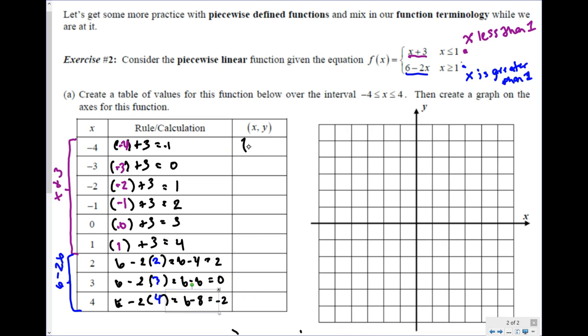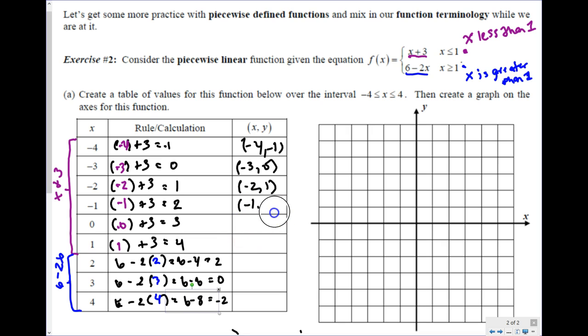And now I'll go write my coordinates. This is the coordinate negative 4, negative 1. This is negative 3, 0. This is negative 2, 1. This is negative 1, comma 2.